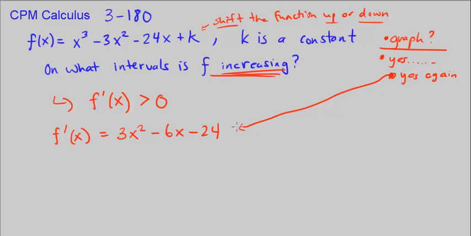So how can we do it? Well, let's find out first of all where it's equal to 0, right? So we know f prime of x equals 0 at some points. This can have up to 2 different places where it crosses the x-axis. So f prime of x equals 0 means this whole thing equals 0: 3x squared minus 6x minus 24.